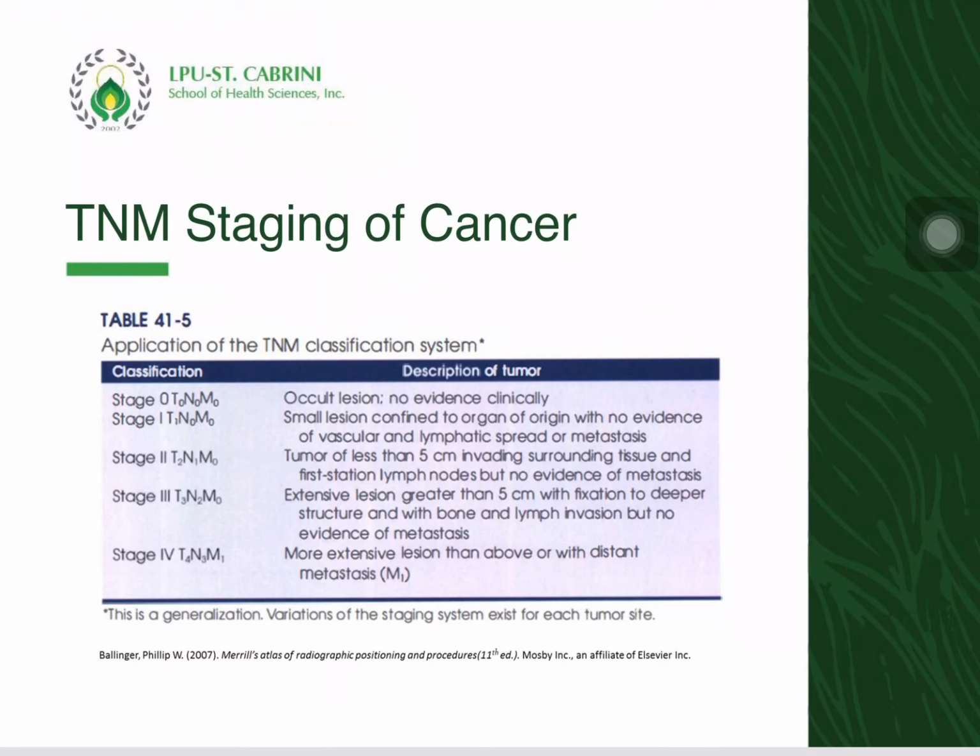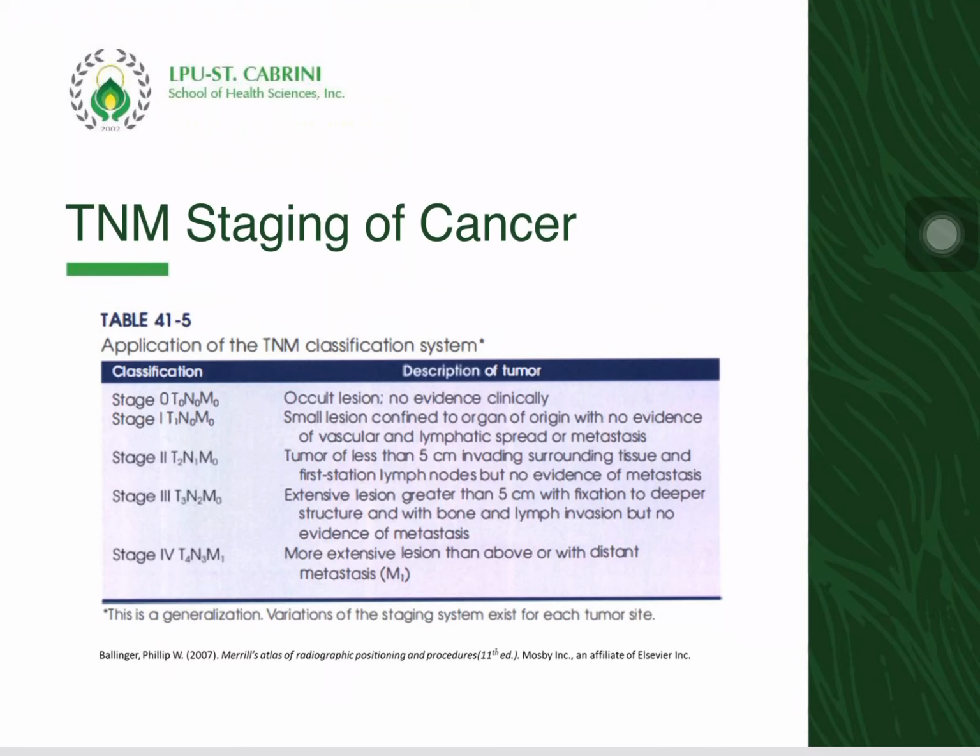So for the stage 2, we can see that the tumor has 2 beside it, and for the nodes has 1, while metastases has 0. So it means that the tumor is less than 5 centimeter and it is invading the surrounding tissue and the first station lymph nodes. But again, there's no evidence of metastases.